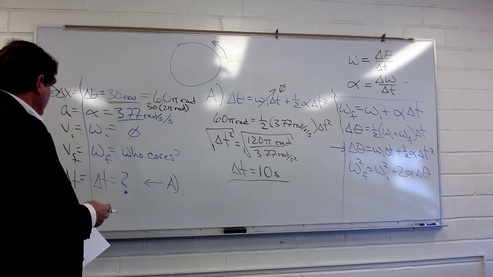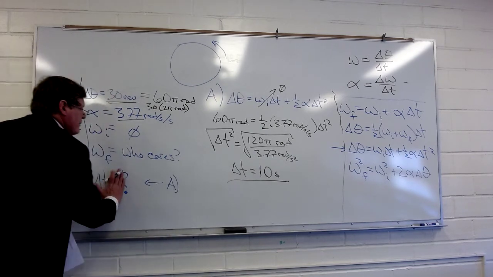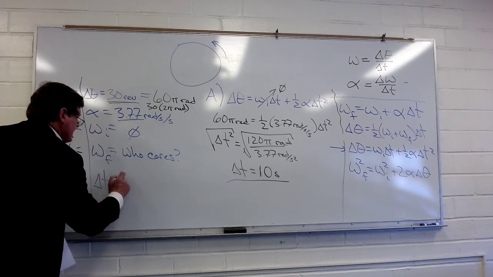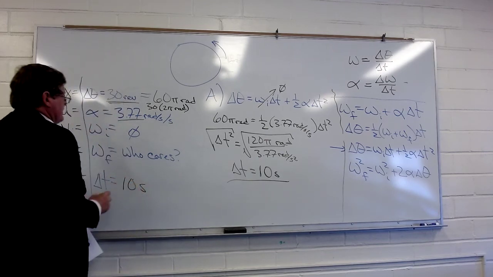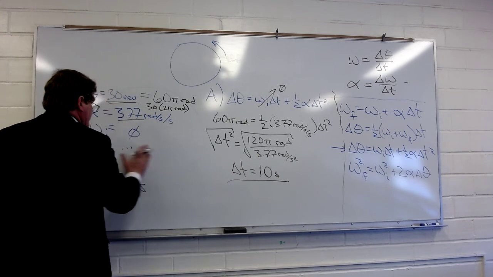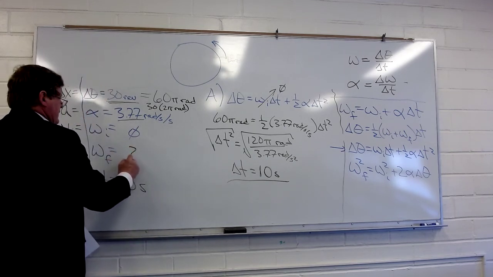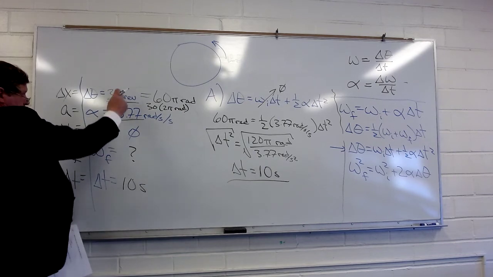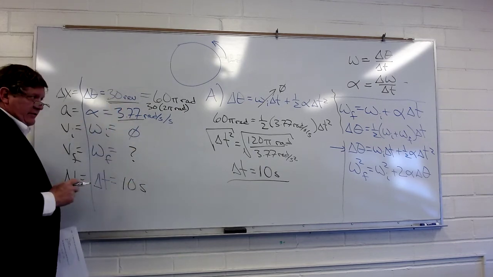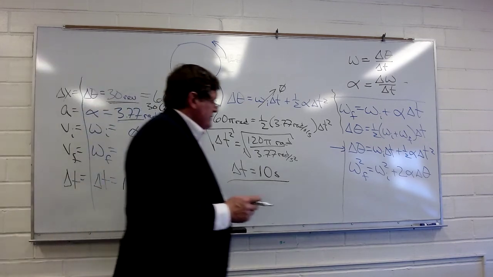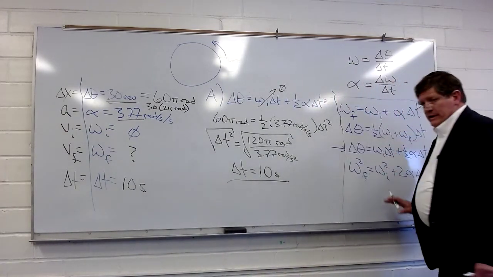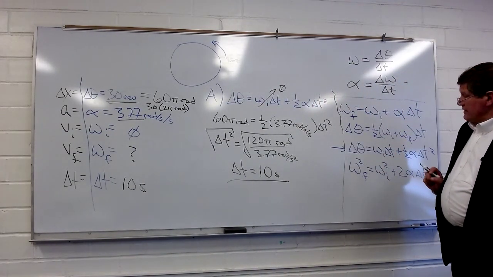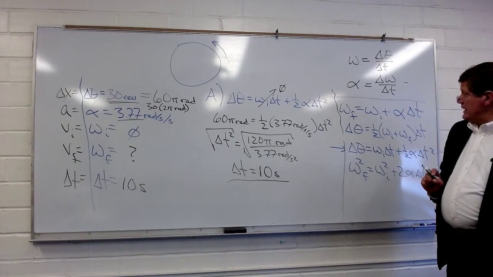Well, now we know that this is 10 seconds. And now we want to know for part B what the final omega is. Now we have 4 pieces of information, and that means there are going to be 3 different equations that I could use here that would each give me the same right answer.